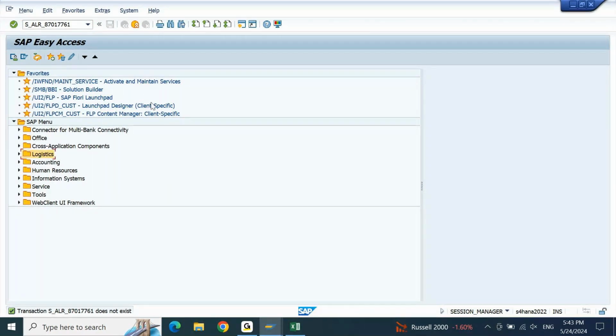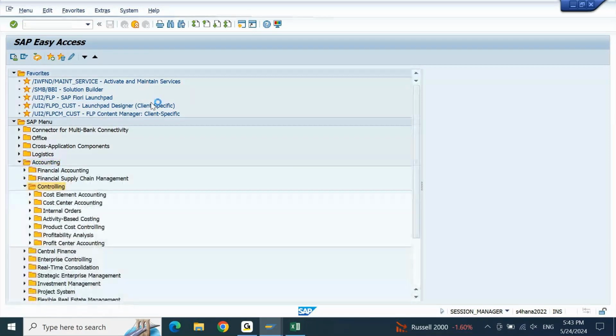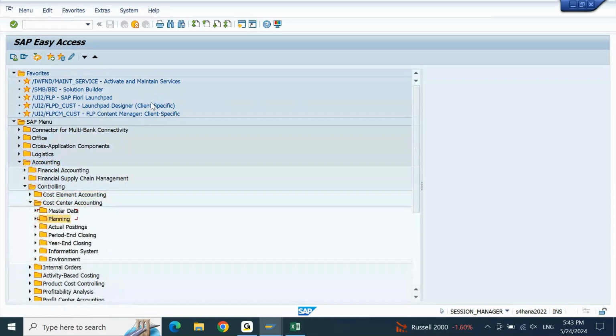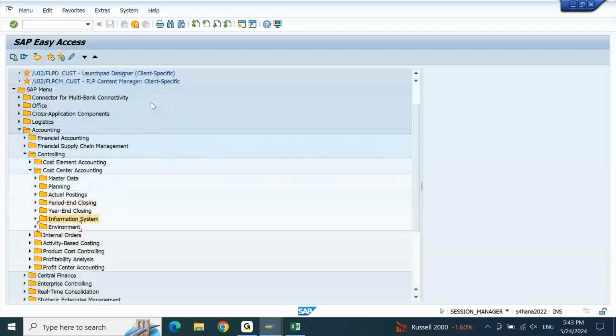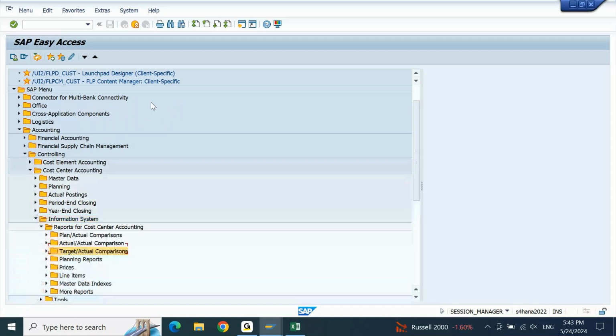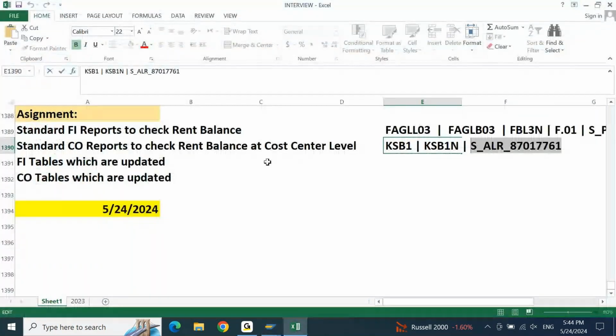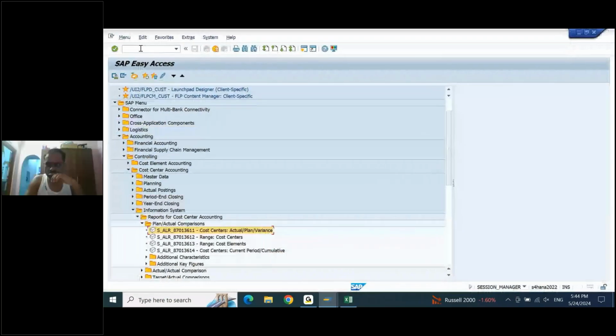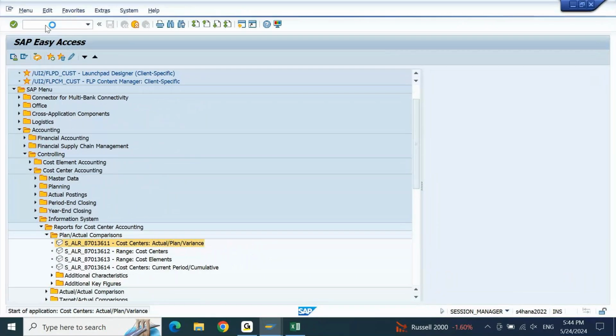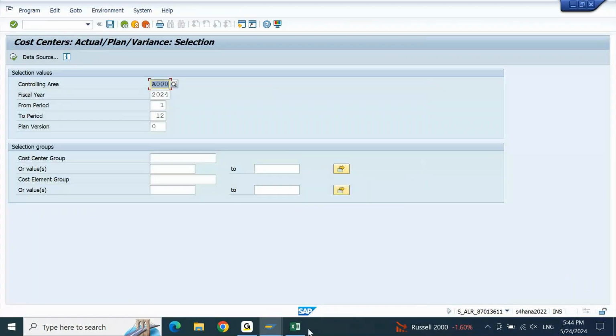This is here: Accounting, Controlling, Cost Center Accounting, Information System, Reports, Actual Postings. 87013611. What did I put? Let me put this T-code. Yeah, this is opening up. This is the one. Any other report?